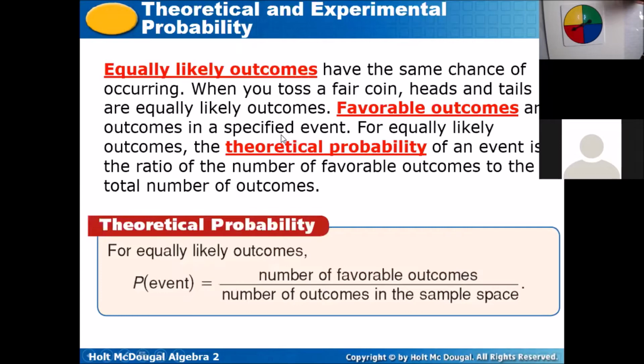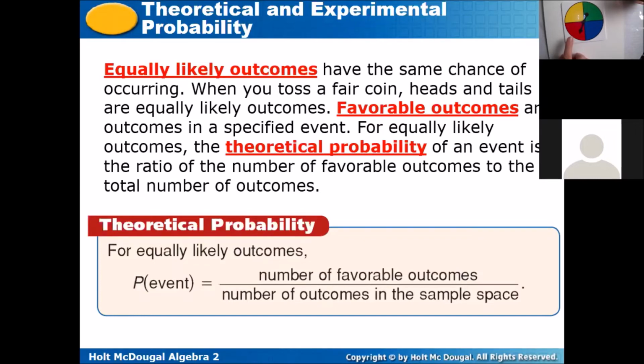Basically, when we're talking about theoretical probability, we're talking about equally likely outcomes. Our favorable outcomes have to do with what we are looking for. How many times can we get red if we spin it? There are 4 potential outcomes here, and how many of those 4 are red?